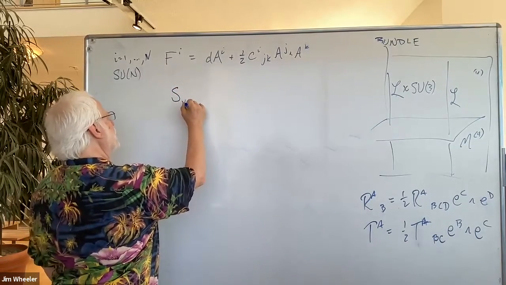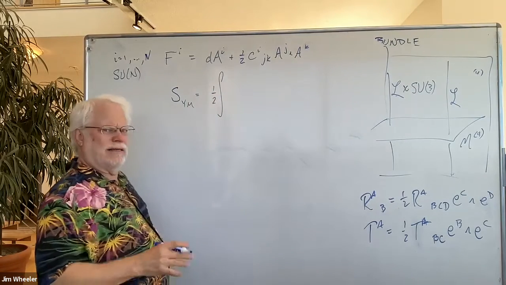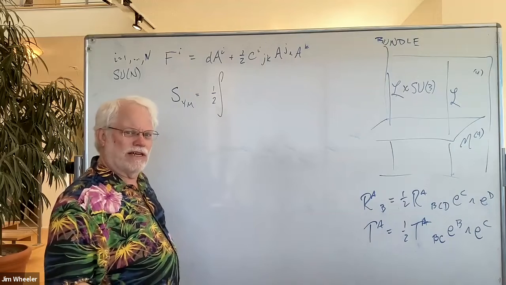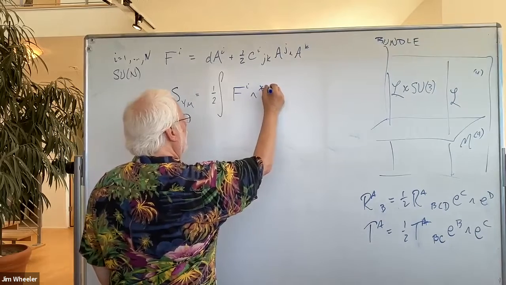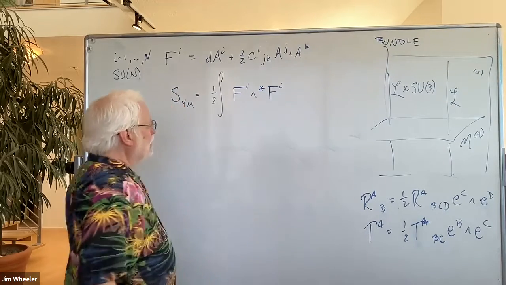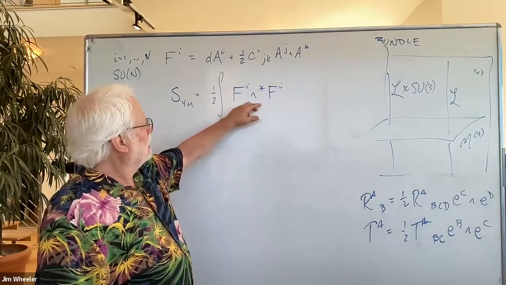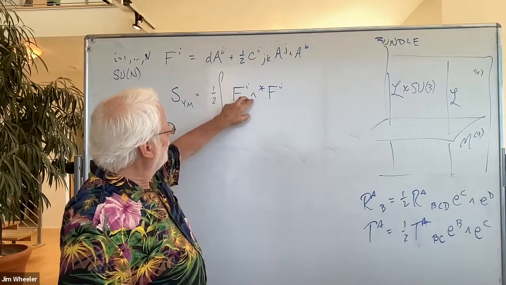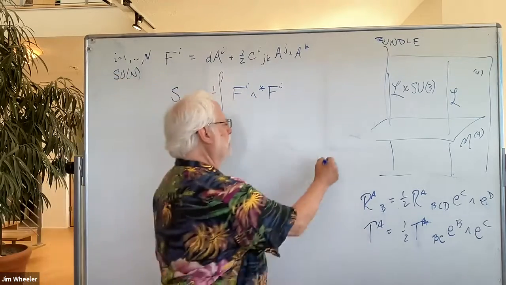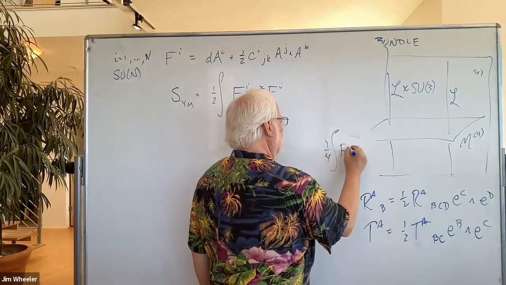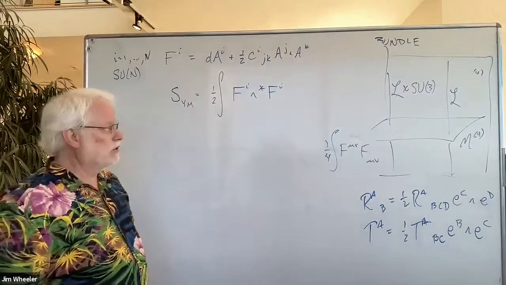My Yang-Mills action is going to be, I think 1/2 works nicely here, and I might want to call it 1/4 later. What I want is F_i wedge the Hodge dual of F_i. Working that out, it's a 4-form in 4 dimensions. This ends up being the contraction F_i alpha beta with F_i alpha beta, like the squared Maxwell. For Maxwell you would write 1/4 F_mu nu F^mu nu. That's what this is, just written in differential forms.